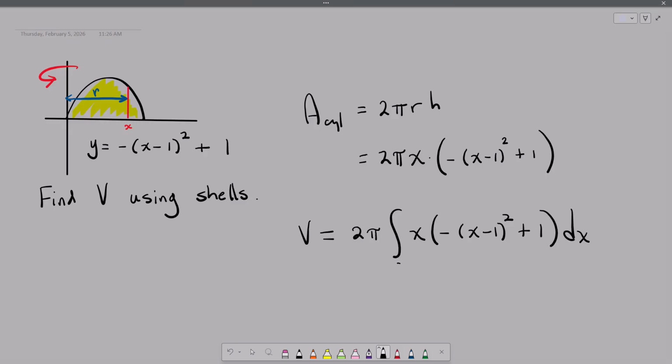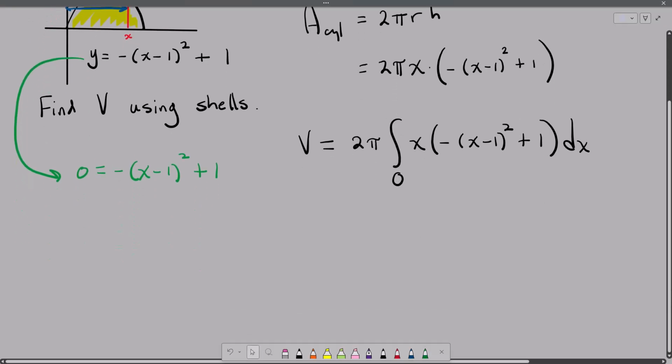So we're going to integrate from 0 to, we need to know where this parabola touches down. So we would set this equal to 0. So if we come down here and set that equal to 0, what are we going to find that x-intercept to be? 2? Let's see. So here's the math.